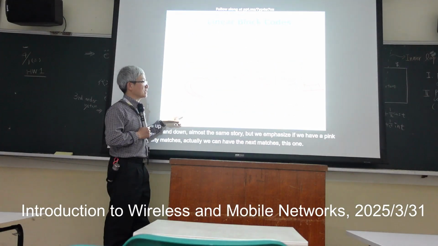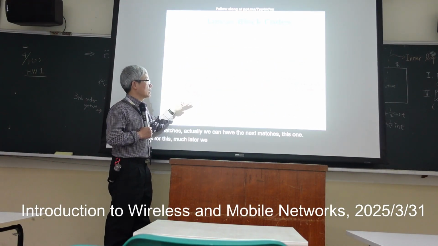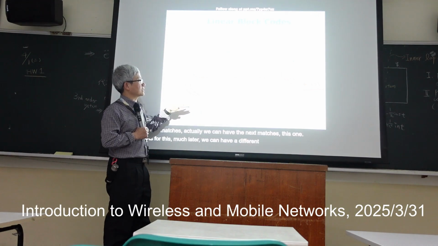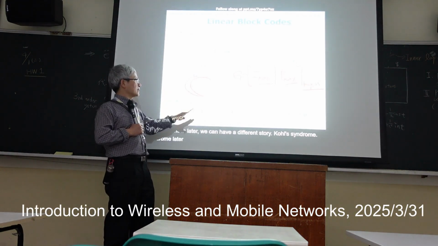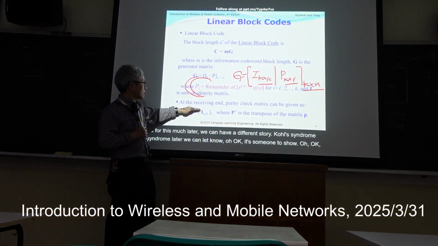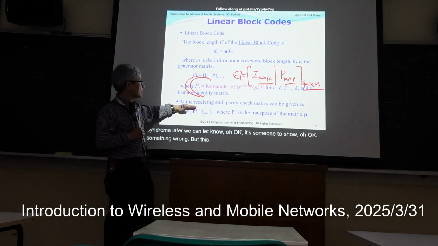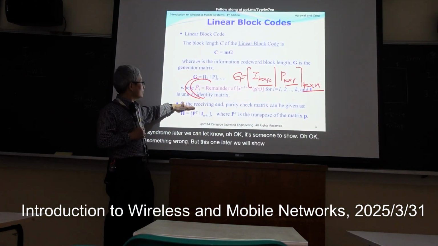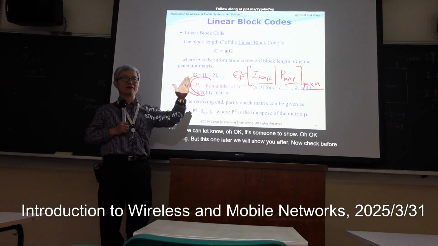This matrix later we can use for a different story called syndrome. Syndrome later will let us know that something is wrong, but this one we will show later. Up to now, check matrix H, everything's okay.